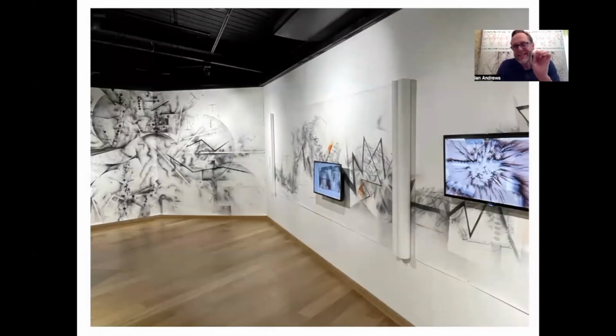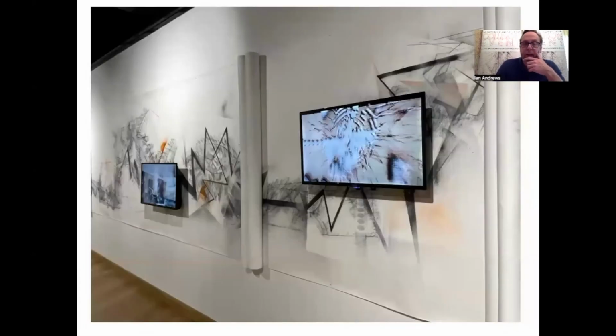And then in one exhibition, they were shown separately, but I was keen to have the drawings interacting with the moving image pieces. And so the black surrounding screen and the shadows all become part of the ideas behind the piece.